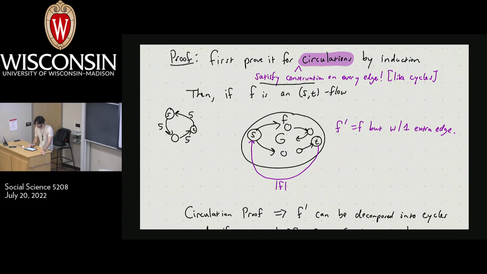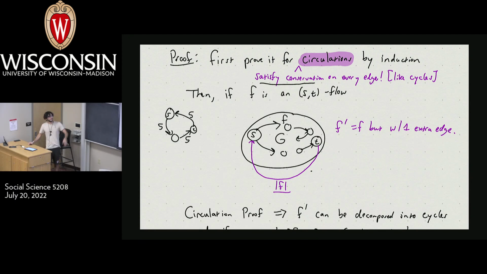Now what we're going to do is take our original graph and add an extra edge from T to S. And we're going to give the value of that edge to be the value of our current flow F. So what's going to happen?